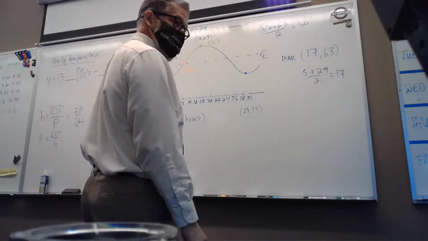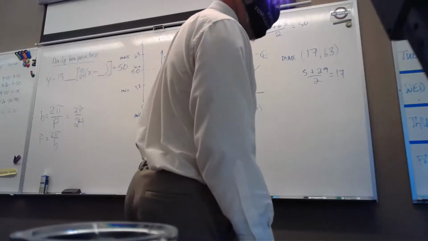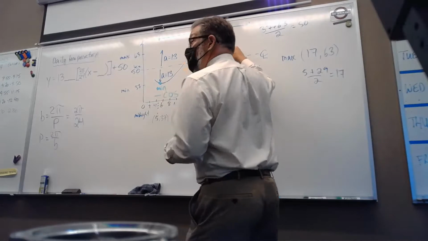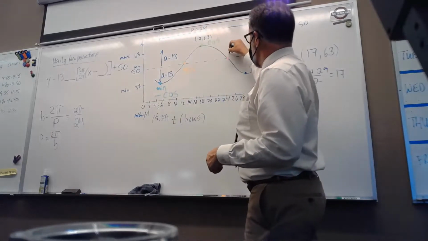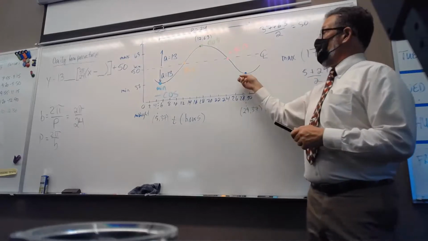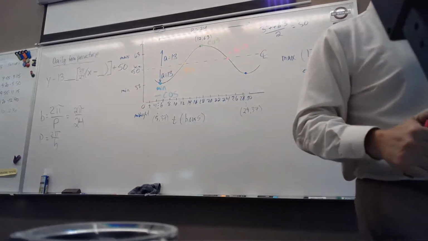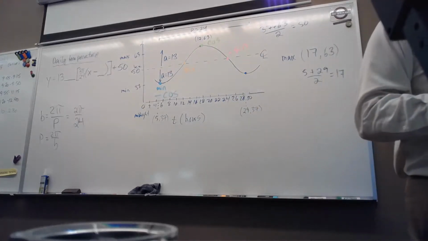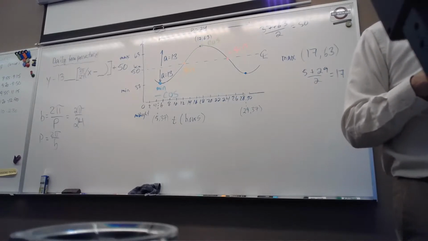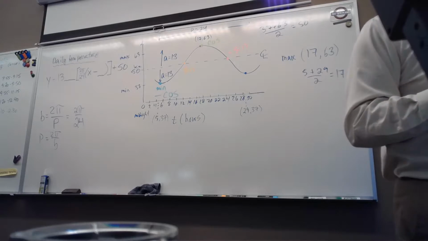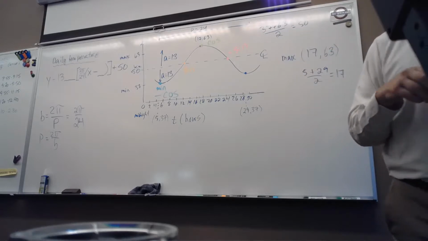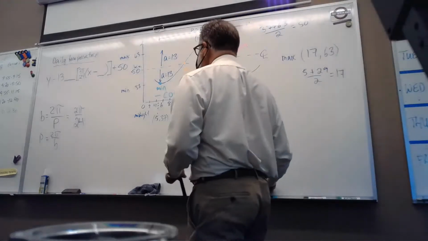What would I be if I started here? Negative? And then I'm back to negative cosine. Here's the general rule. We can do anything we want, but we usually start with the one closest to the y-axis.